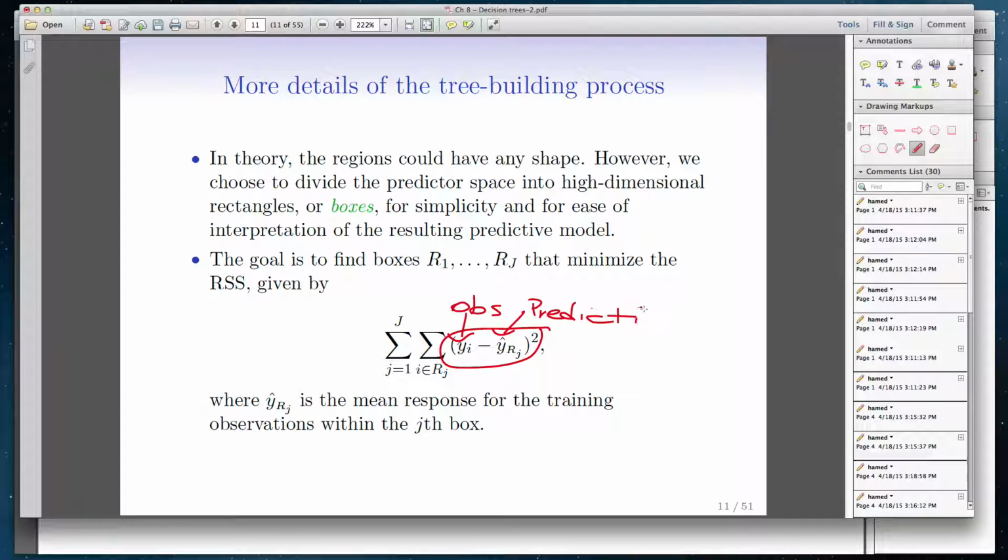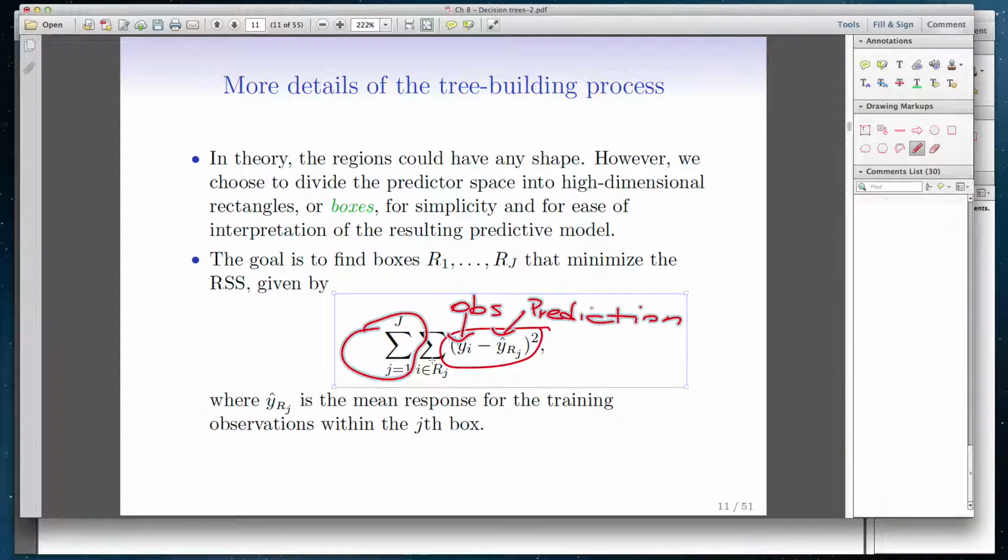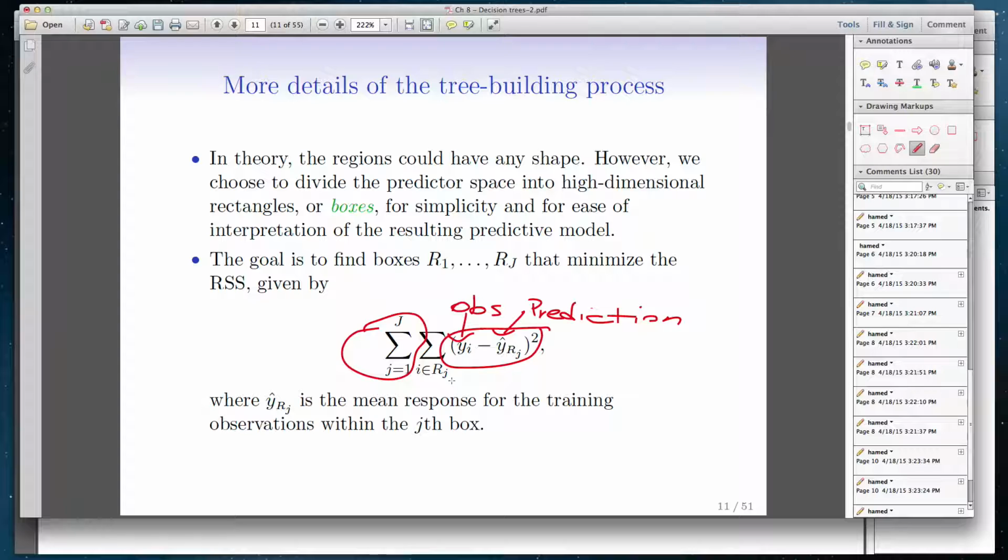So how you do that is say, okay, we have 3 regions. Within each region, we only consider those observations that are in those regions. That's what this notation is for this summation. And for each observation, we make the prediction that is the average of all observations in that region. We just want to minimize the whole thing.